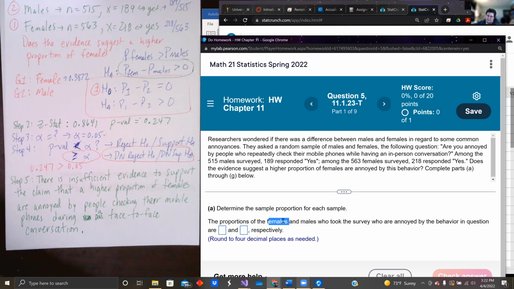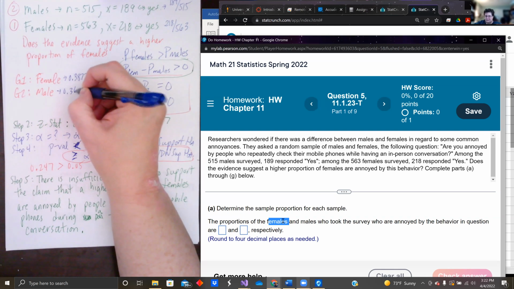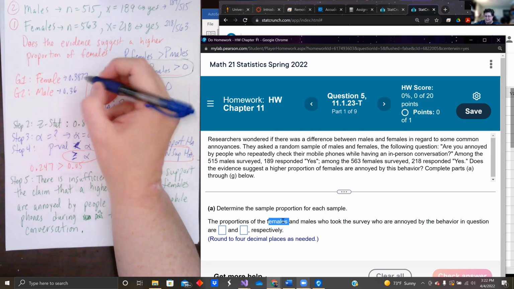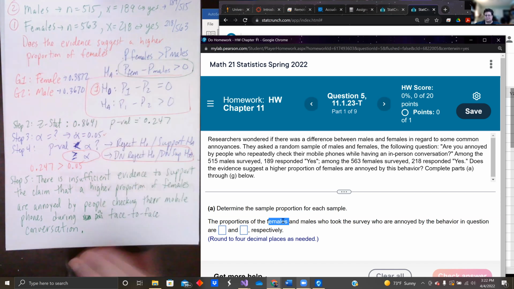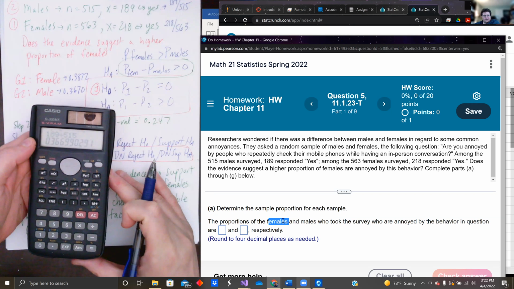And if I do the males, I'm getting 0.36699, which rounds to 0.3670. Look at that. 0.36699.